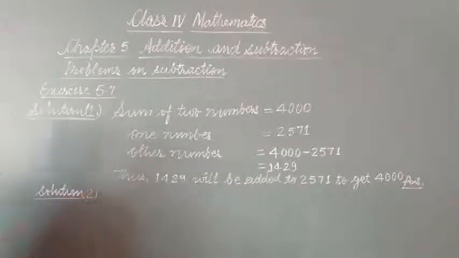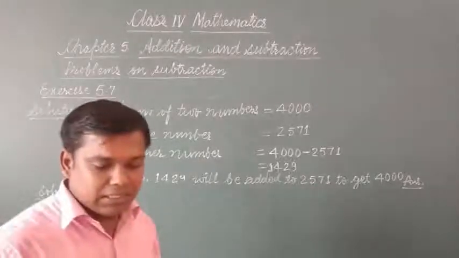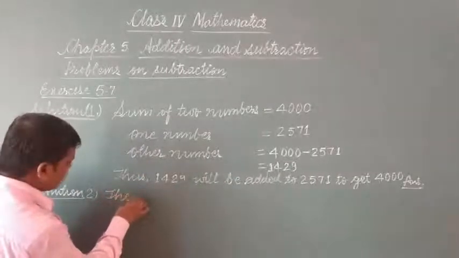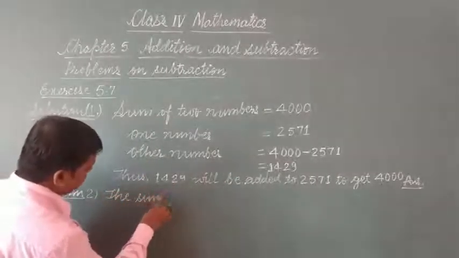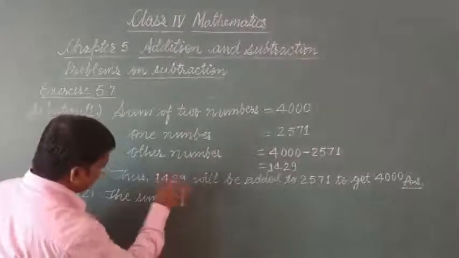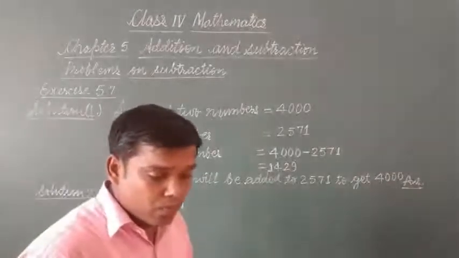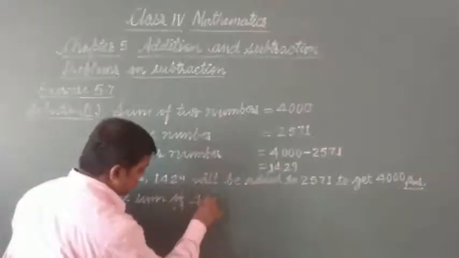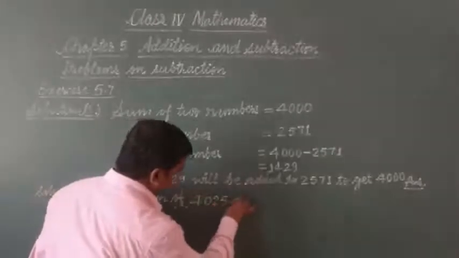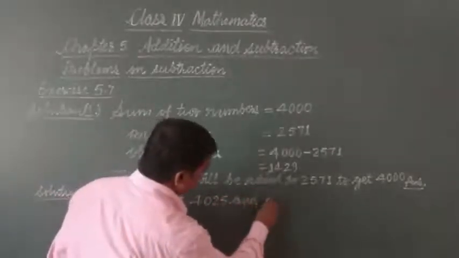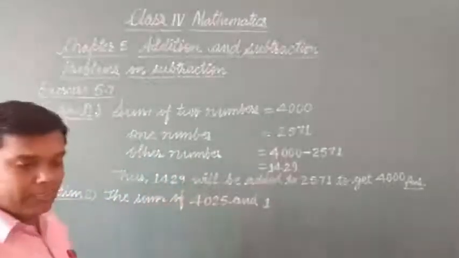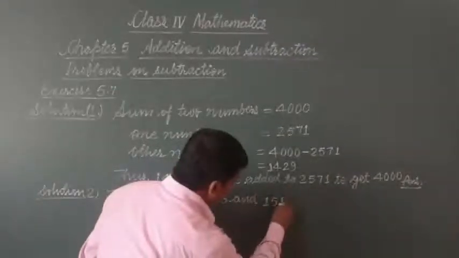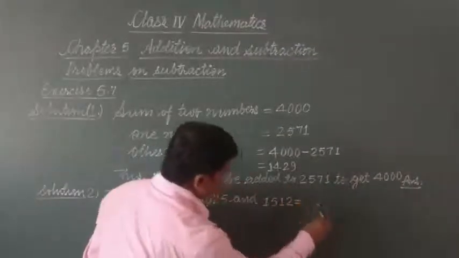Solution. 2. You will write the sum of 4025 and 1512 is equal to.